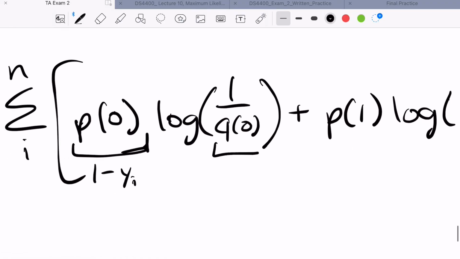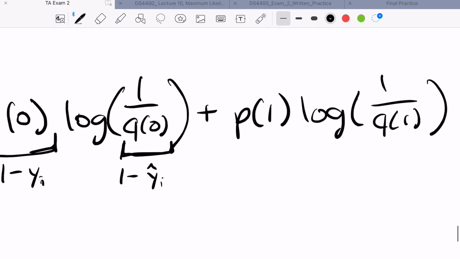And we also said that we can do the same thing here, but with y hat. So this is 1 minus y hat of i. Same thing can be done here. This is the probability of a success, which is just simply yi. And this is also the chance that we predict the positive class.